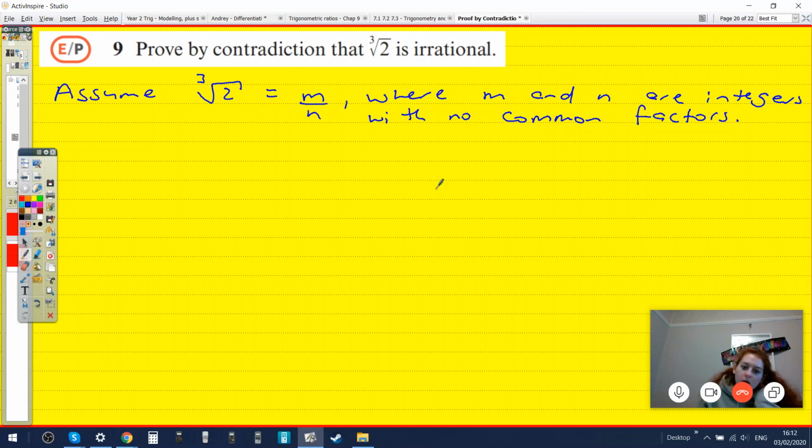Would we cube? So cube both sides. What do you get? So it'd be 2 equals m cubed over n cubed.